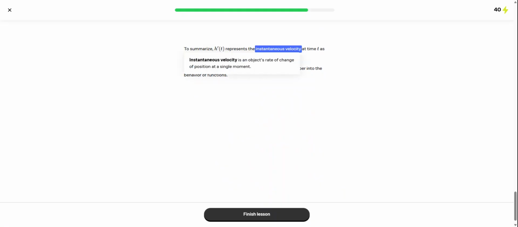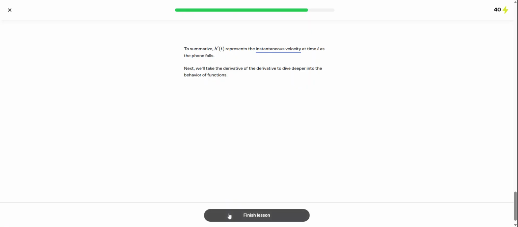Instantaneous velocity is an object's rate of change of position at a single moment. Next, we'll take the derivative of the derivative to dive deeper into the behavior of functions. Probably we'll discover more about finding derivatives in the very next chapter. That's it, no more understanding questions like we did previously. So I'll click finish lesson to conclude.